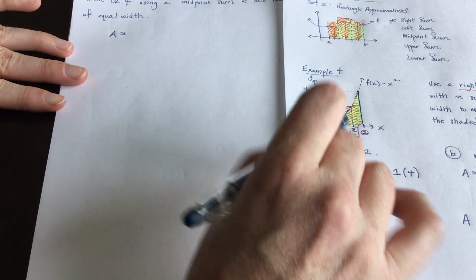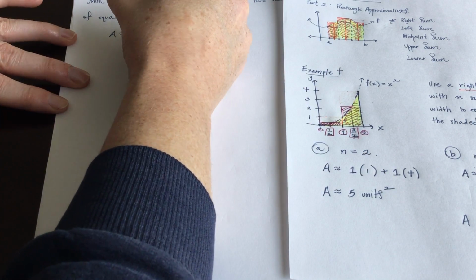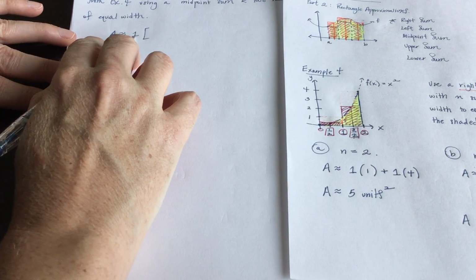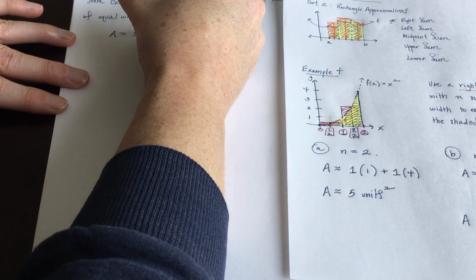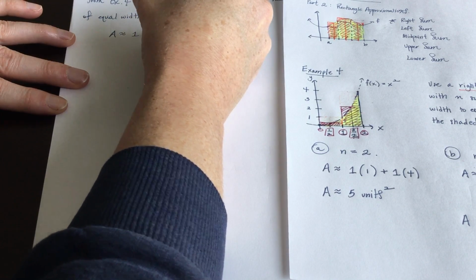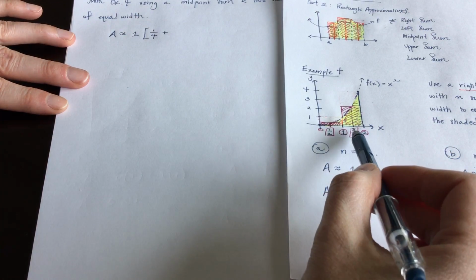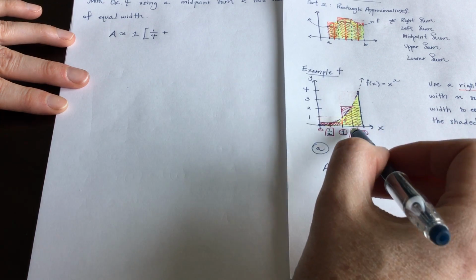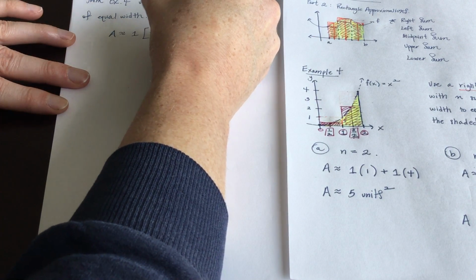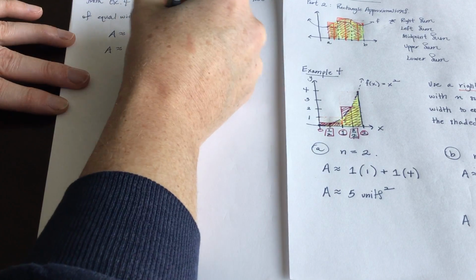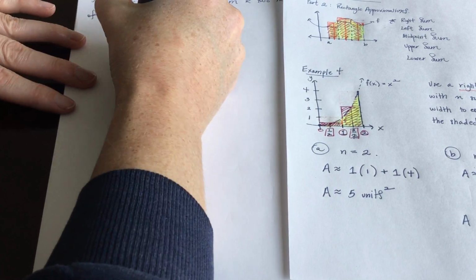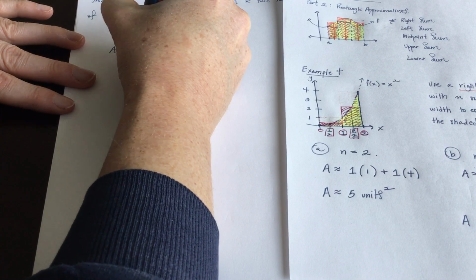The base is 1 both times, so I'm just going to show that I thought that through. And then I'd multiply that times the height on the first one, which would be 1/2 squared or 1/4. I'd multiply 1 by the height of the second rectangle, which would be 3/2 squared or 9/4. And so you'd end up with 10/4 or 5/2, which is 2.5.